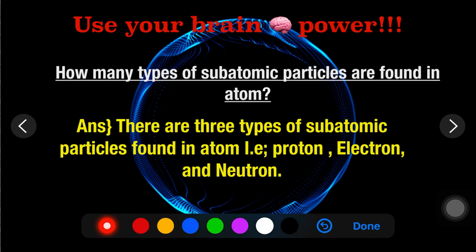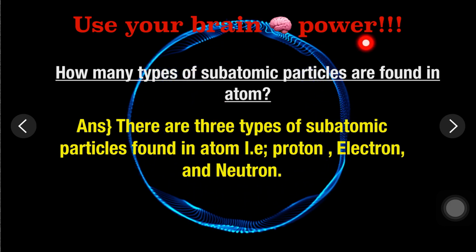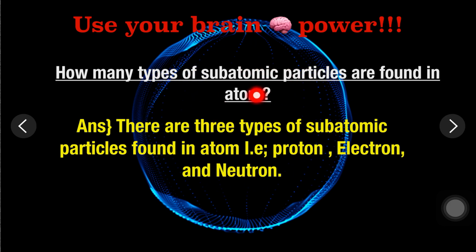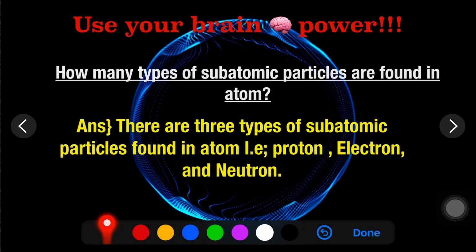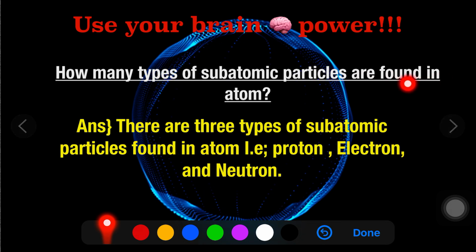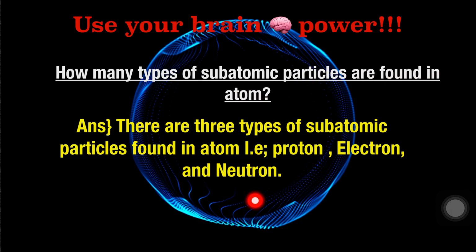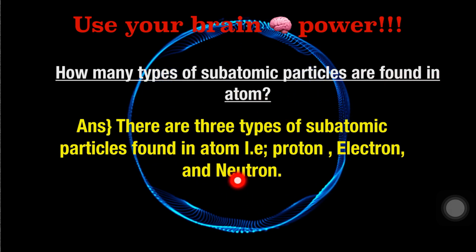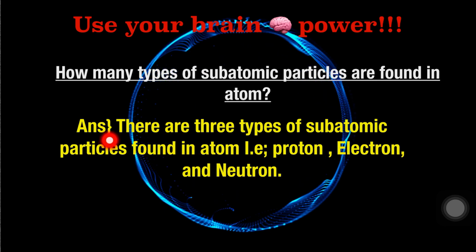Okay student, now use your brain power and answer a few questions. How many types of subatomic particles are found in an atom? Think, student, think. So here is the answer.